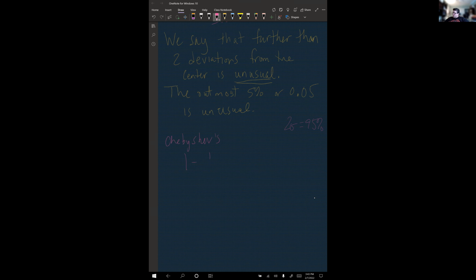He had 1 minus 1 over k squared, times 100 for the percentage. If I do k equals 2 to represent 2 deviations, I have 1 minus 1 over 2 squared, which is 1 minus 1 over 4, which is 0.75. When I multiply that by 100 to get a percentage, I get 75%.